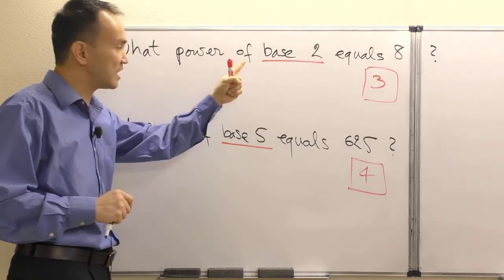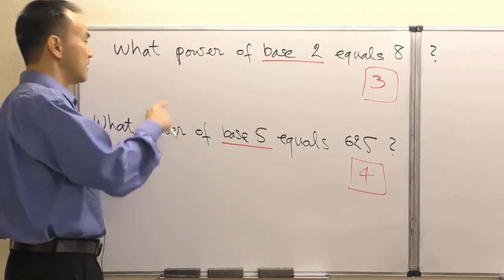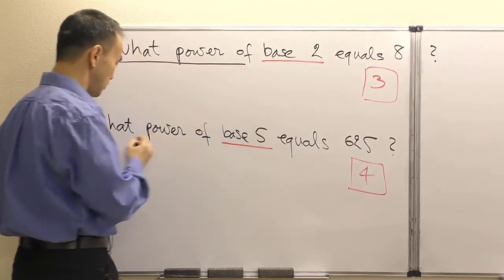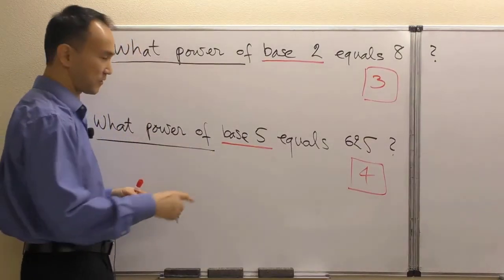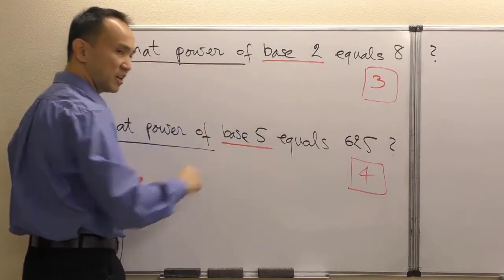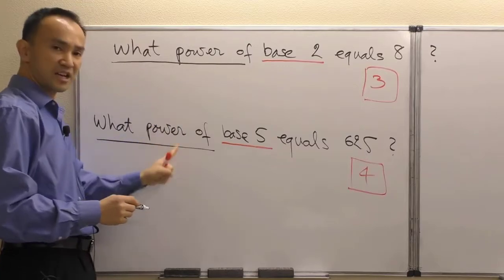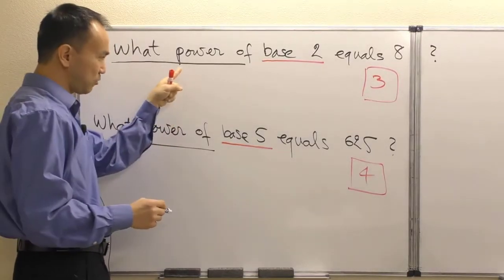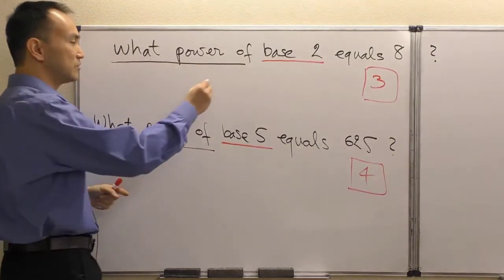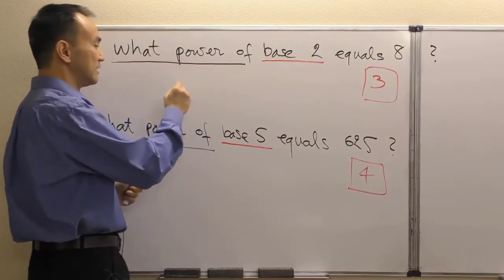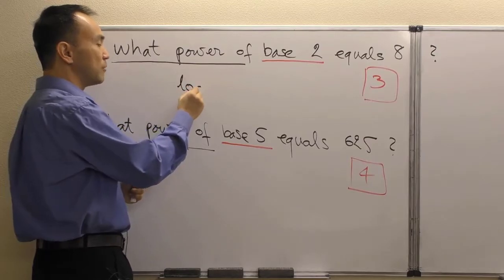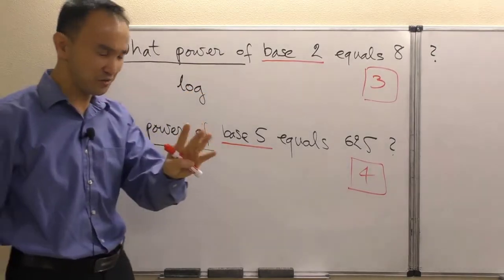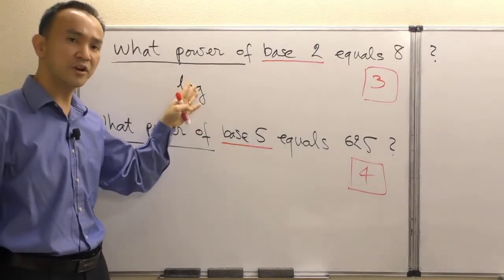My question here is a worded question right now. What power of base 5? What power of base 2? What power of base 5? See, that common structure is what power. We're looking for the power. So now, ladies and gentlemen, I introduce to you a symbol. It's just a notation. One symbol, we read log.